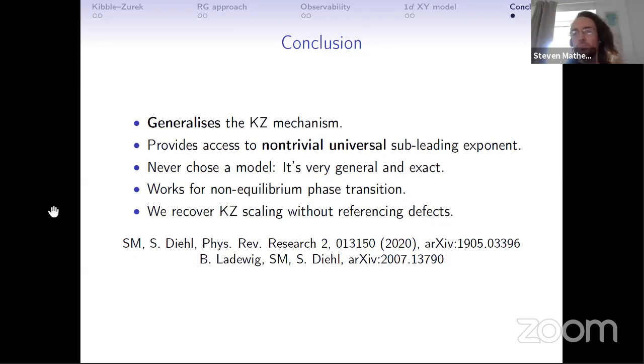No. This is a first result, and we went for the most easy case in some sense. Edge cases such as dangerously irrelevant or BKT physics, we haven't looked at right now. Okay, thank you. You cannot have everything the first time.